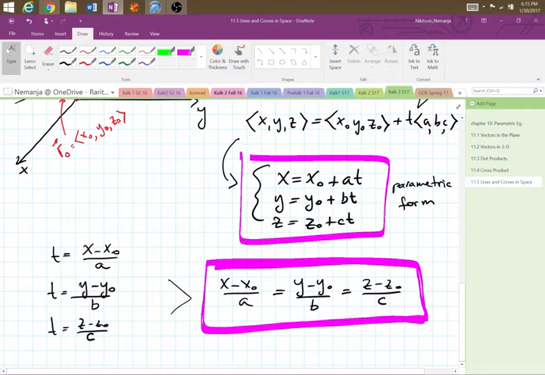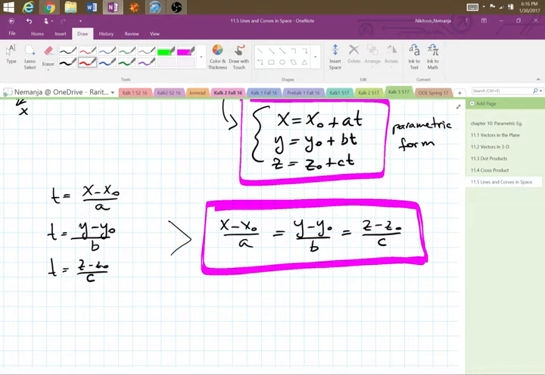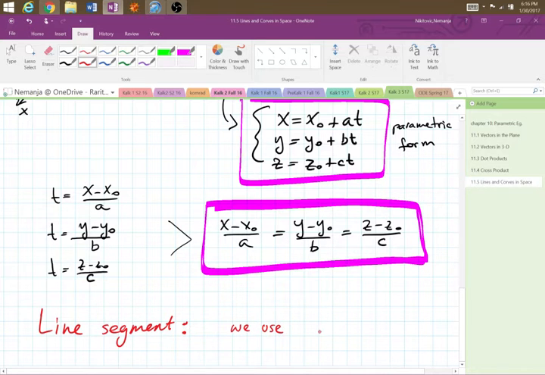Okay, so now, line segment: we use t1 less than or equal to t less than or equal to t2. That's what I had before, 0 and 10, right?